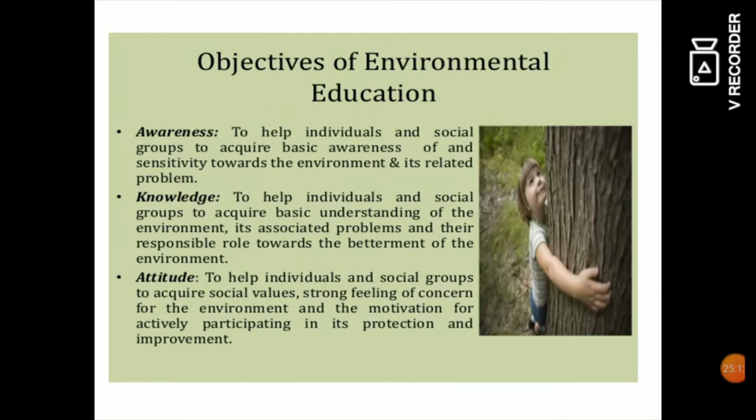Third, very, very important, in my opinion, this is the most important objective, which is called attitude. Attitude is a human property. It's an attribute of human psychology, right? Why this attitude is so important according to the environmental scientists is you need to have that feeling for the nature.